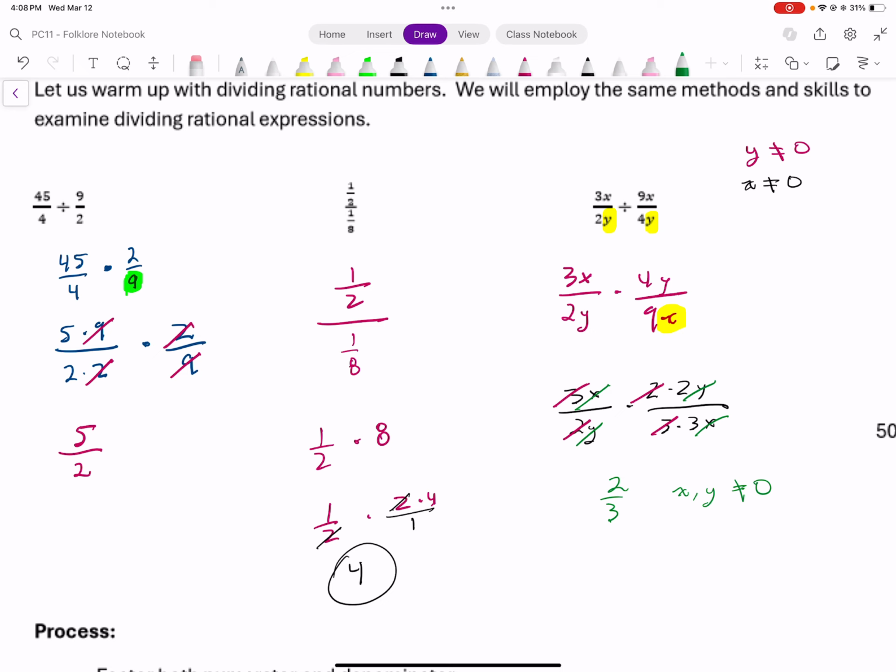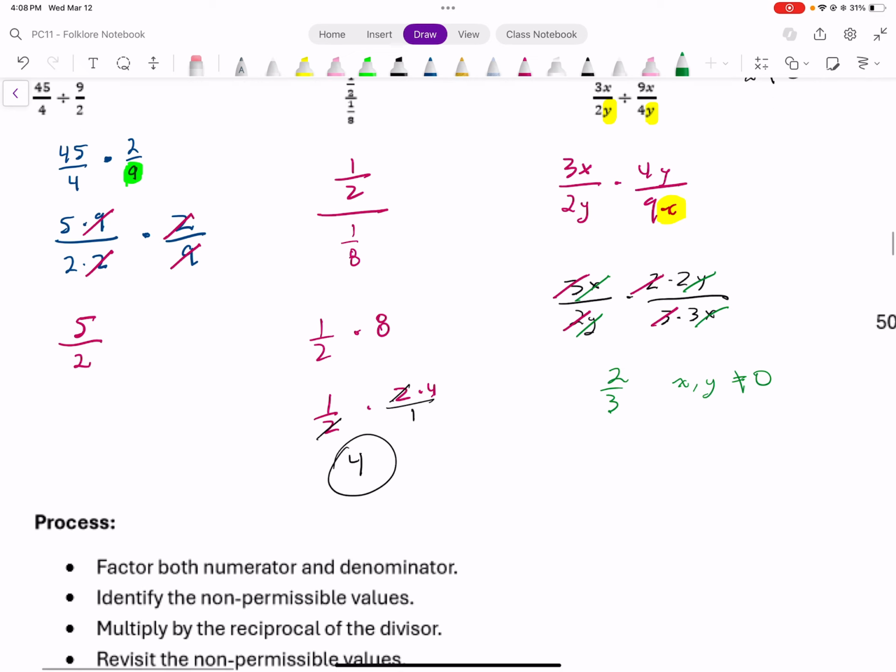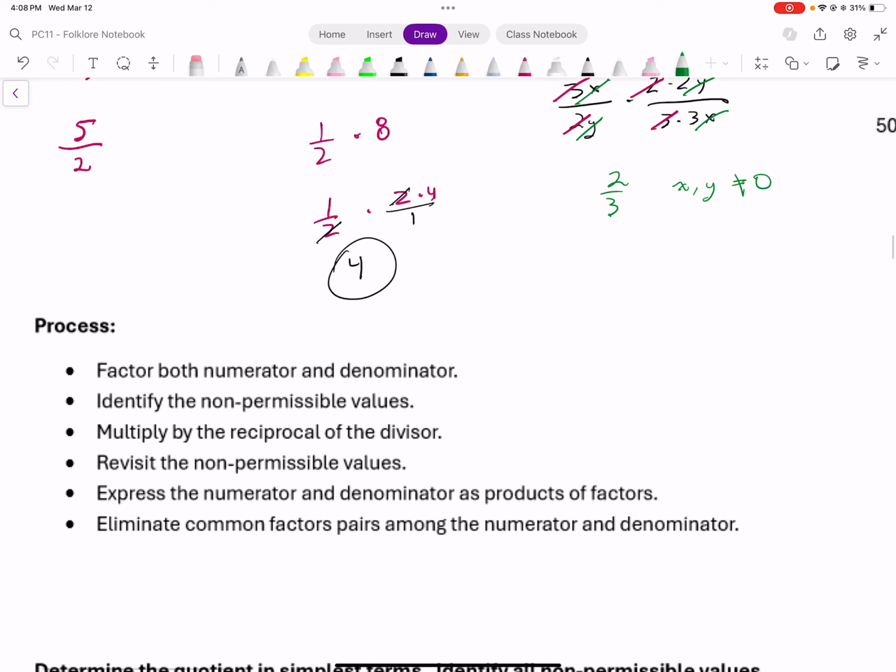Interesting. So the process. That's right, everybody's favorite word, factor. We're going to factor both numerator and denominator. We are going to identify the non-permissible values. We're going to multiply by the reciprocal of the divisor, exactly what you would do with fractions.